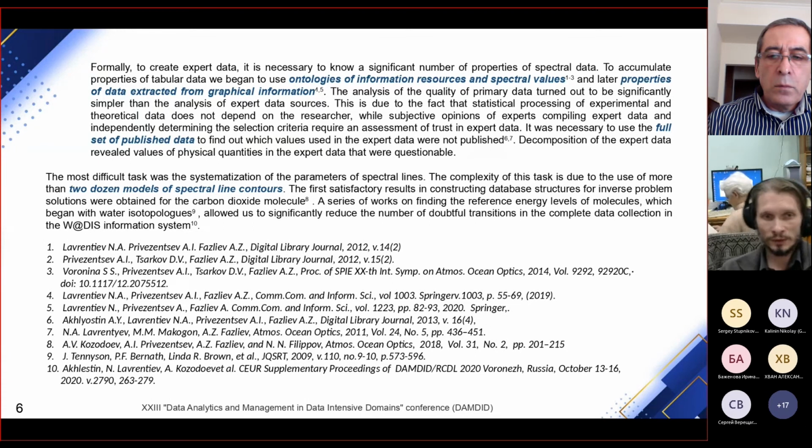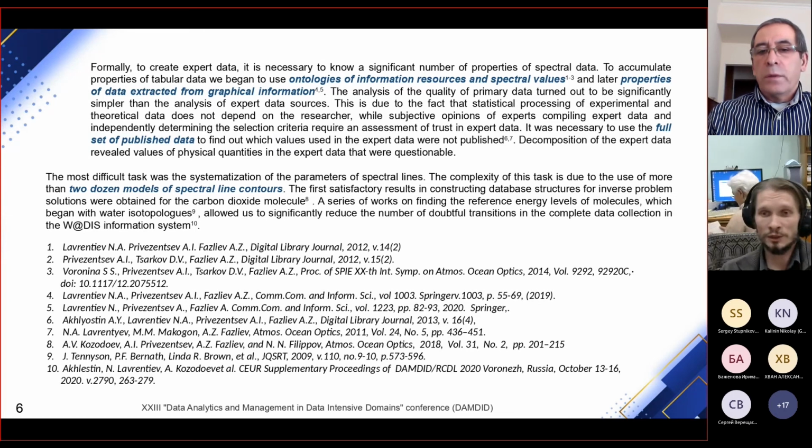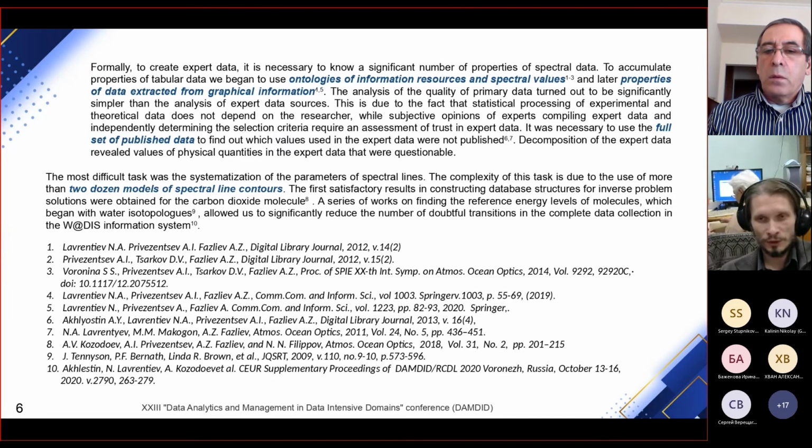One of the most difficult tasks was the systematization of the spectral line parameters, and the complexity of this task was due to the use of a lot of different spectral line contours. The first satisfactory results in constructing database structures for these problem solutions were obtained for the molecule of CO2, carbon dioxide.